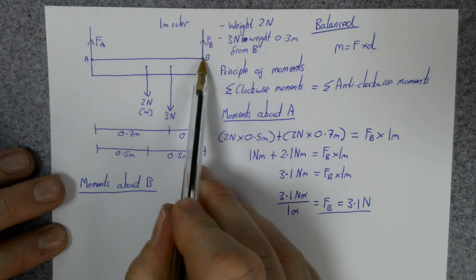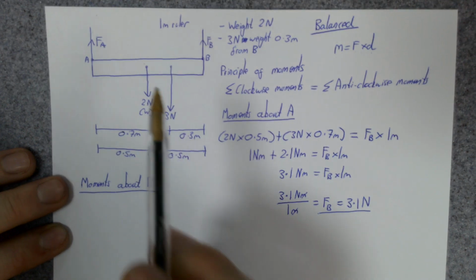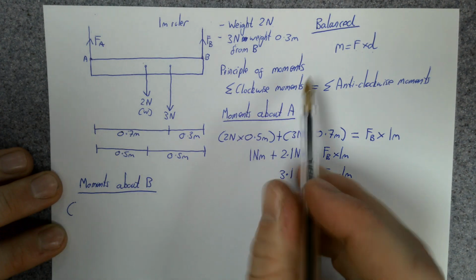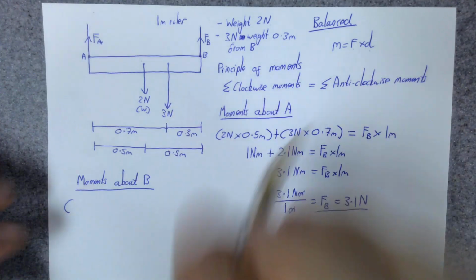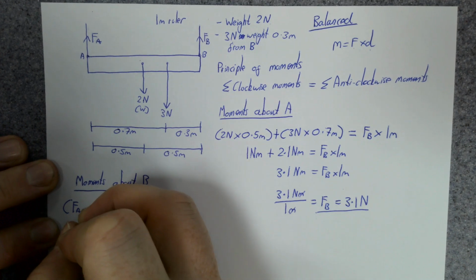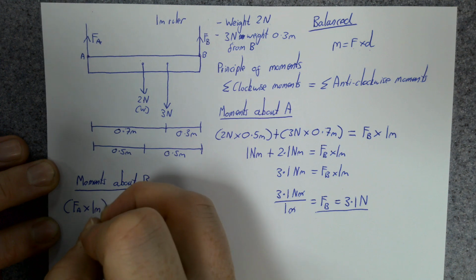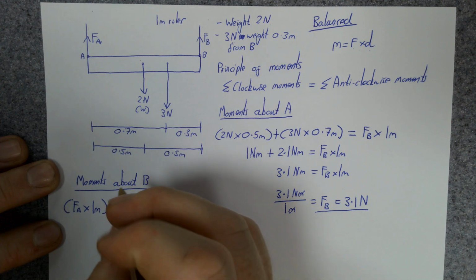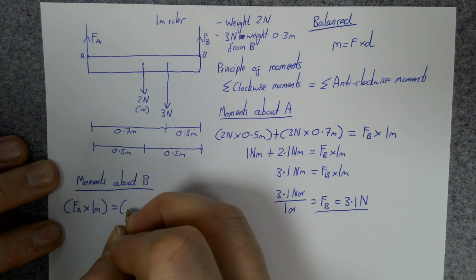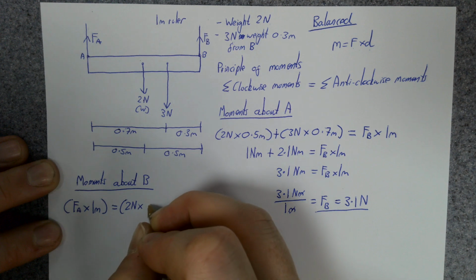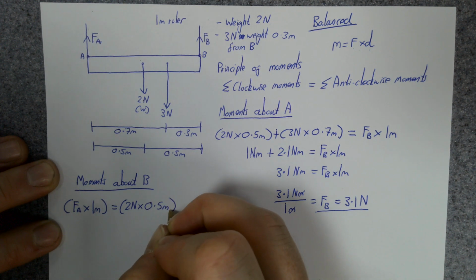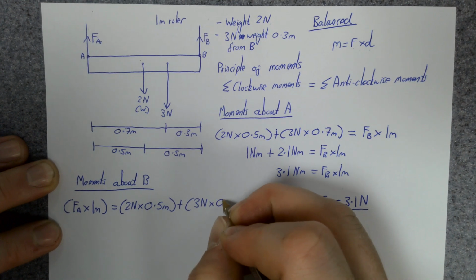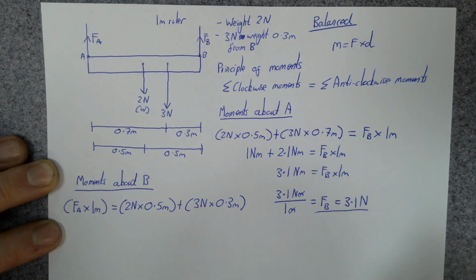Right, so at B, sorry, clockwise moments first, which is the top one. So actually, it's force A times 1 meter is equal to the sum of the anti-clockwise moments, which is 2 newtons times 0.5 meters plus 3 newtons times 0.3 meters.